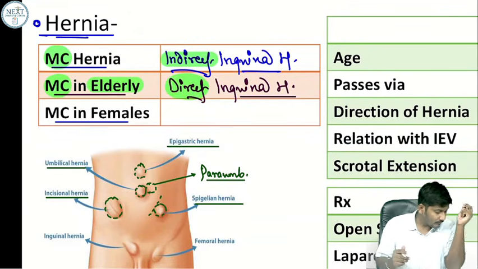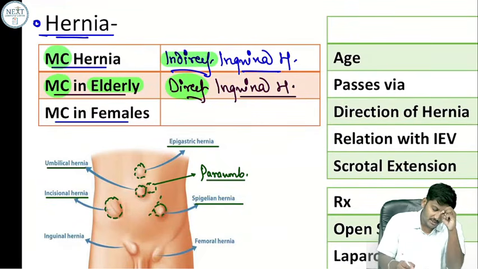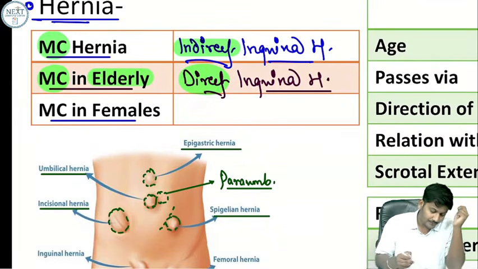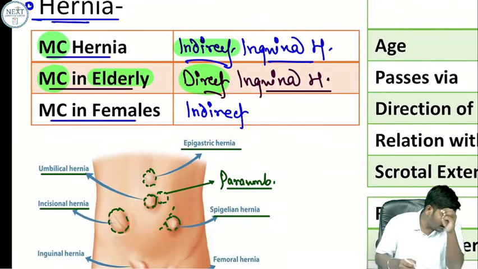Very good. The most common type of hernia in females, if they ask you, the answer is always the indirect inguinal hernia. That is what is important to be remembered.